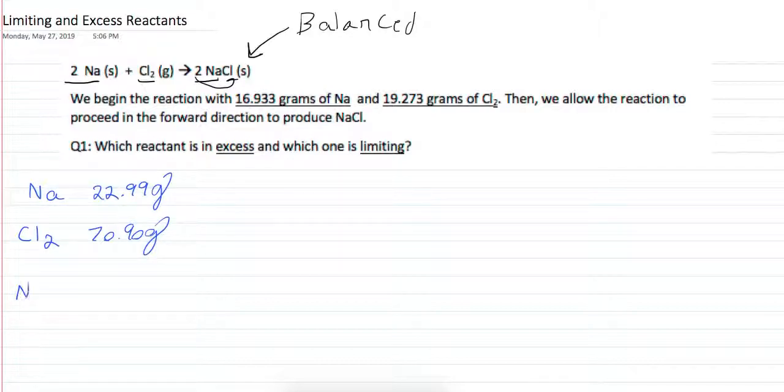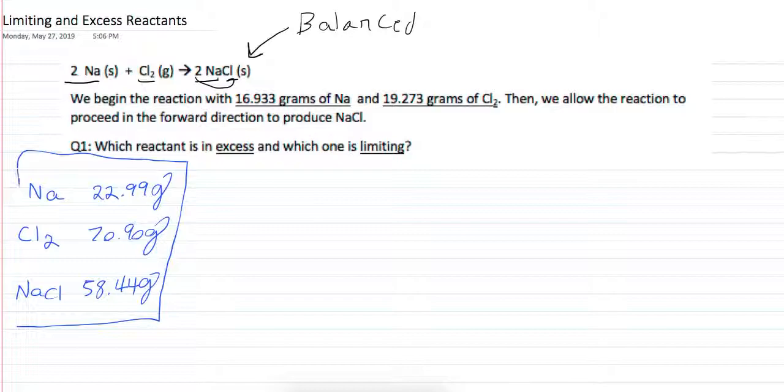For NaCl, you add the weights of Na and Cl together, and you get 58.44 grams. And you can find all of this information on your periodic table. So put a box around this, label it as molar mass. You will need this information later.